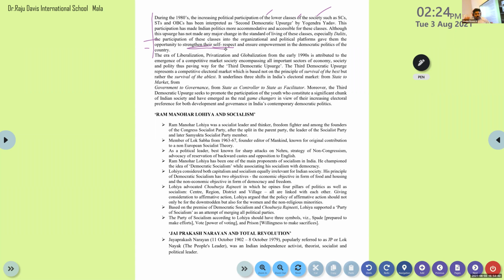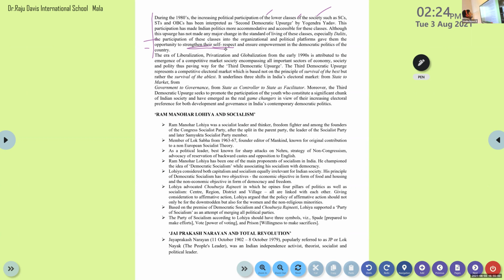Before independence, Dalits, SCs, STs, OBCs were considered untouchables, right or not? Considered as lower caste people. But with this democratic upsurge in the 1980s, those people also started participating in political activities.